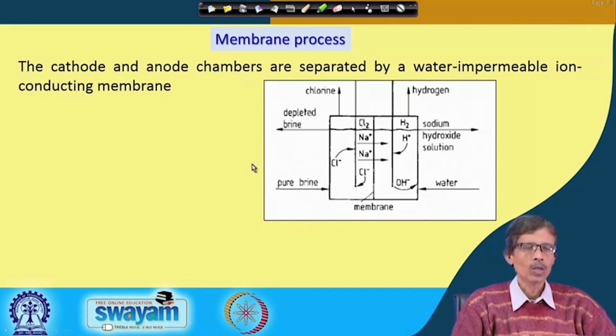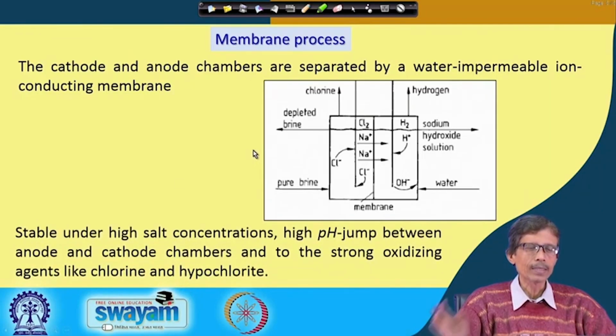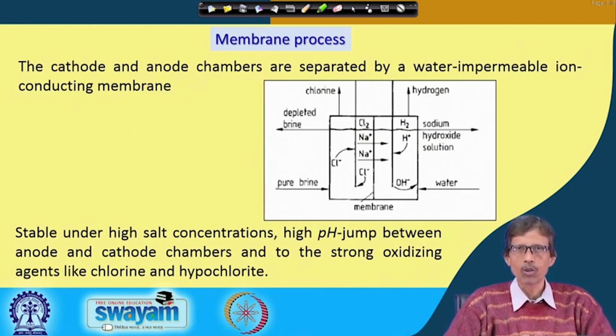What you get is this particular membrane, and the stability of the membrane is also important, because you are handling a very highly concentrated sodium chloride solution. So, the material should be stable under high concentrations.